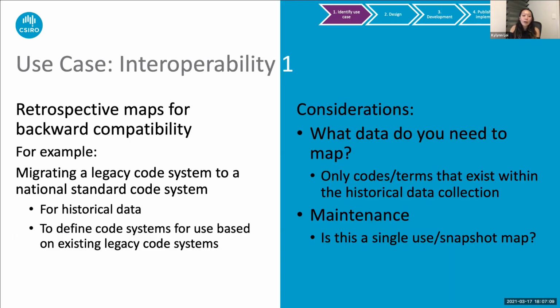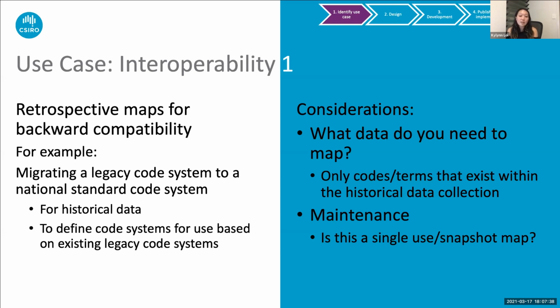So I have a few example use cases and some considerations that you might need to think about with each of these, and see how they affect your mapping processes. For example, retrospective maps for backward compatibility. That might be migrating a legacy code system to a national standard code system, and you'd be doing this for historical data, to define code systems for use based on that existing legacy code system.